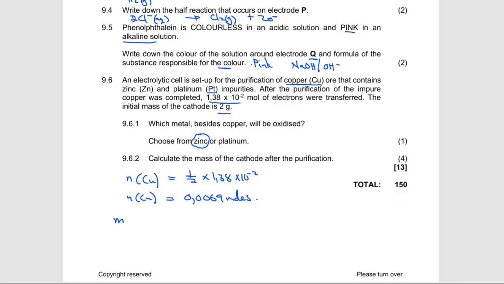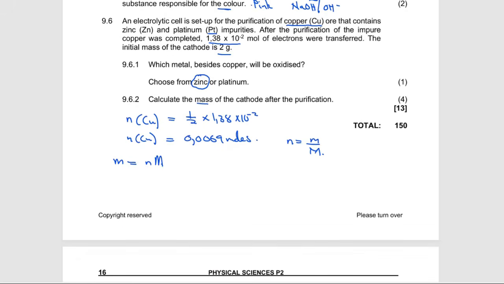Then after that, remember I asked in terms of the mass. So I'm going to say your number of moles is equivalent to the mass over the molar mass. But now automatically after writing that formula, I'm going to make M the subject of the formula, which is equivalent to n times M, right? So after that, I'm going to substitute with the values that we have there. The mass there is the number of moles we calculated, 0,0069, multiplied by the molar mass, which is 63,5.